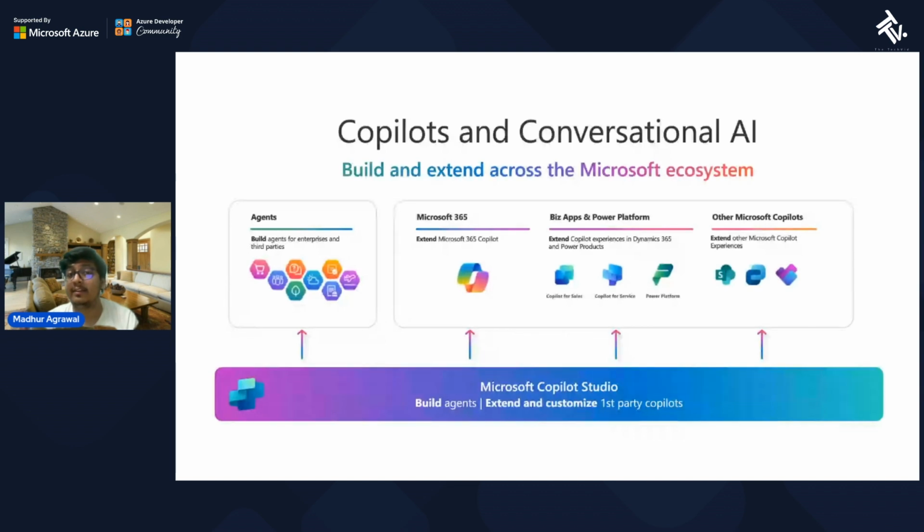Then it can be extended to Microsoft 365. Then we have apps of Power Platform, and then other Microsoft Copilots. So Copilot Studio is a suite for all the copilots and conversational AI systems that are provided in the Microsoft ecosystem. You can access it by visiting Copilot Studio.